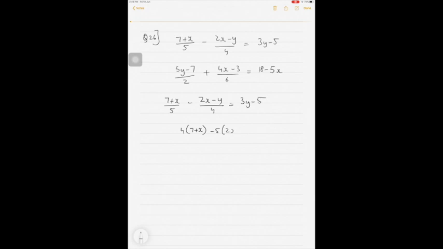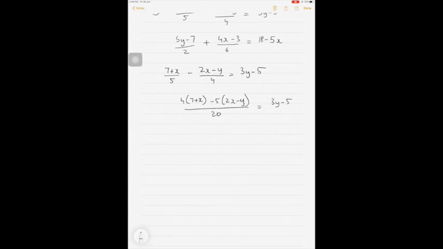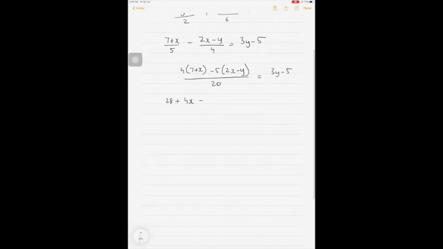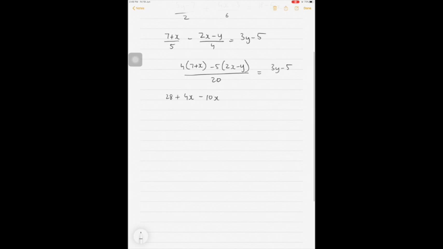So I'll just cross multiply: 4 into (7 plus x) minus 5 into (2x minus y), upon 20, is equal to 3y minus 5. Let's open the bracket. 4 sevens are 28, plus 4x minus 5 into 2x, 5 into 2 is 10, 10x, minus minus will become plus 5y.